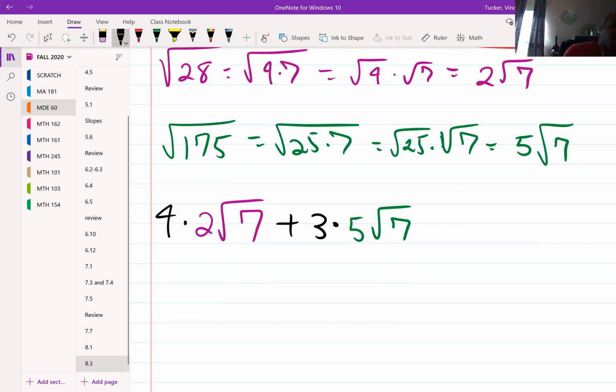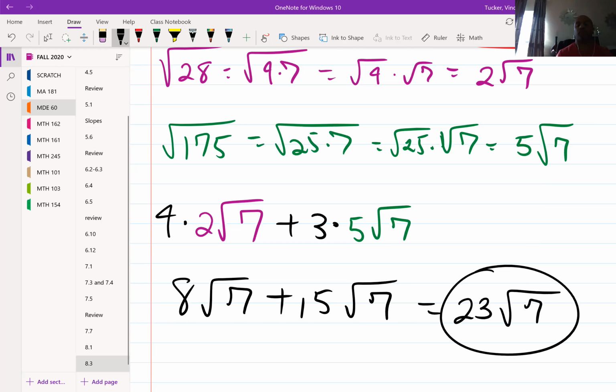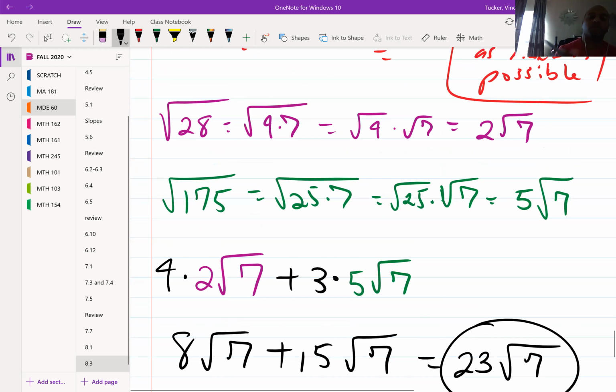So that'll be 8 square root of 7 plus 15 square root of 7. So now we have the same index on our radicals, and the same radicand. So now we can go ahead and add these together. 8 plus 15, 23 square root of 7. Questions.